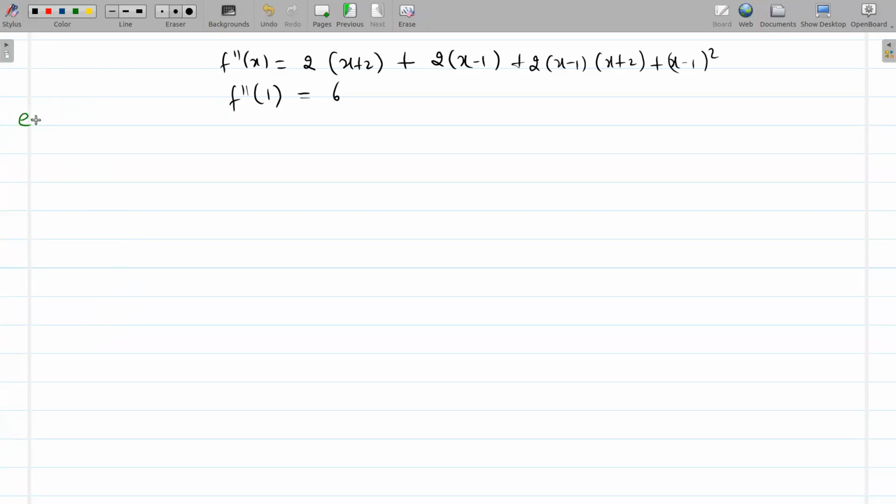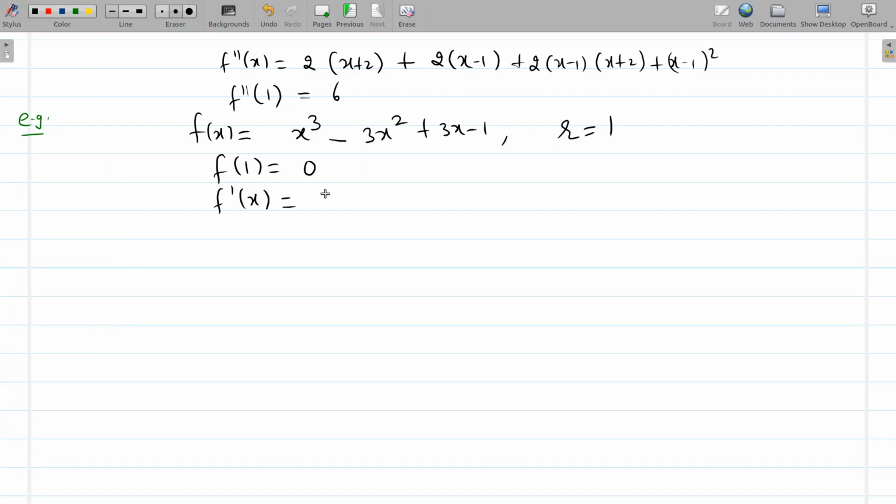Okay, or let us take the next example. Let us say you have f(x) equals x cube minus 3x square plus 3x minus 1 and the root is r equals 1. You can check 1 satisfies this equation, f(1) is 0, 1 minus 3 plus 3 minus 1. Then f dash x is 3x square minus 6x plus 3, and f dash 1 is also 0, 3 minus 6 plus 3.